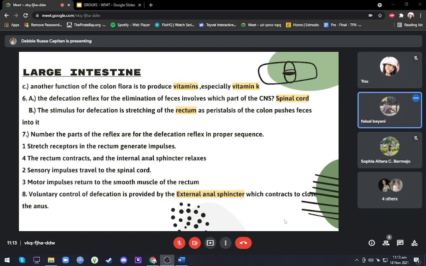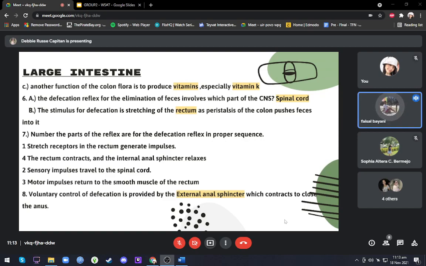Spinal cord. Letter B, the stimulus for defecation is the stretching of the rectum as peristalsis of the colon pushes feces into it. Number 7, number the parts of the reflex for the defecation reflex in proper sequence.